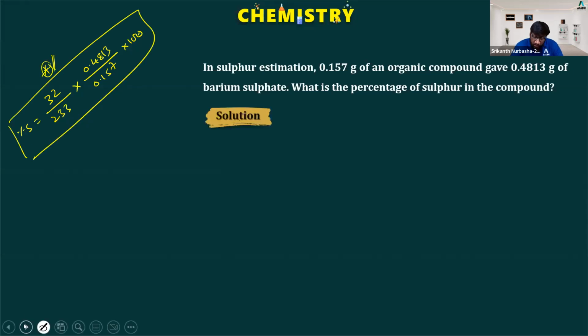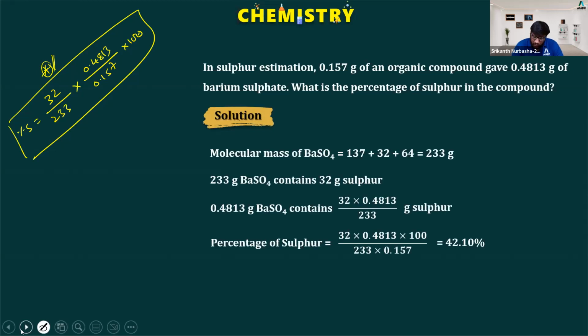So percentage of sulfur is equal to 32 divided by 233 into 0.4813 divided by 0.157 into 100. This will give the exact right answer to find the percentage of sulfur. Is that clear, students? Everything so far?